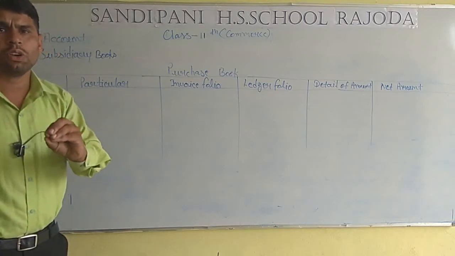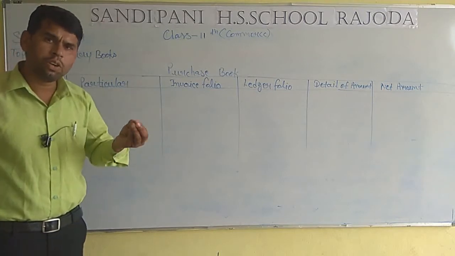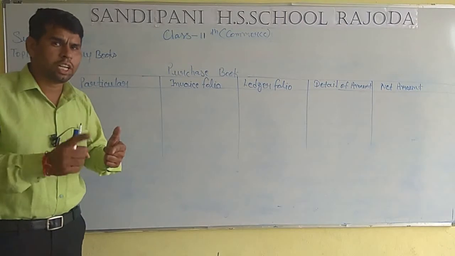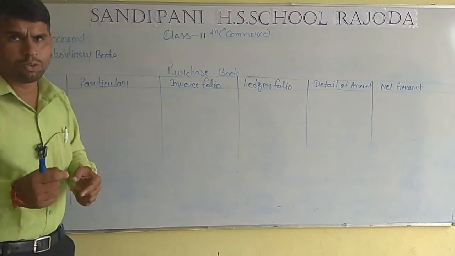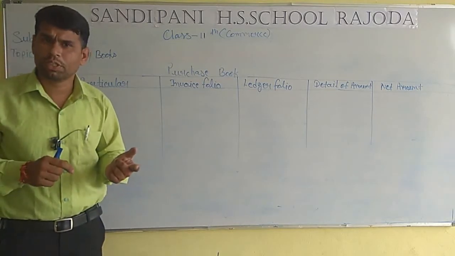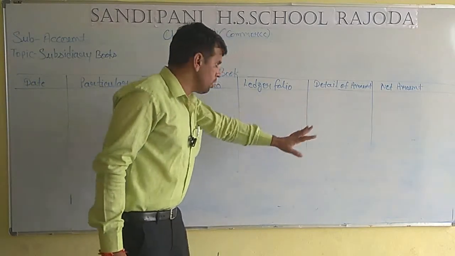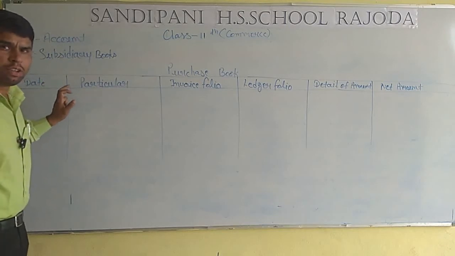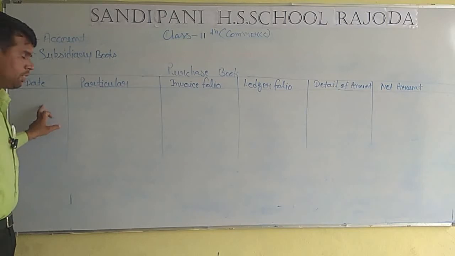Suppose you have purchased goods of 10,000 rupees on invoice price, and you have received 10% trade discount. 10% of 10,000 means 1,000 of trade discount. So we will deduct 1,000 from 10,000 rupees. First of all you have to write the date on which you purchased the goods, in the date column.